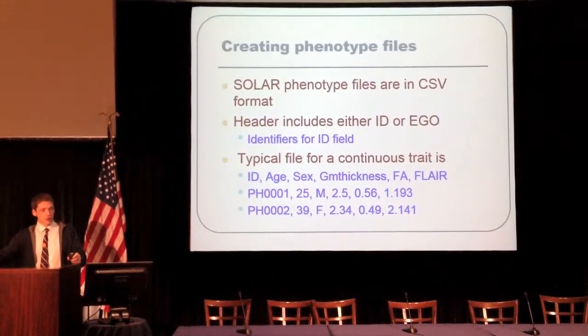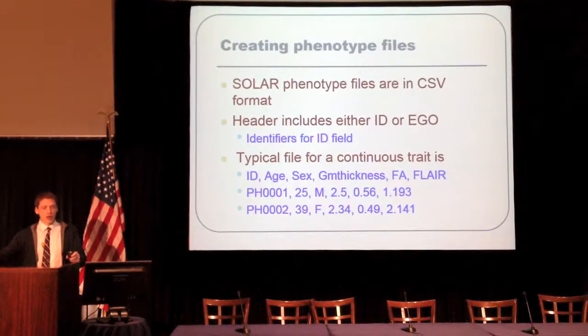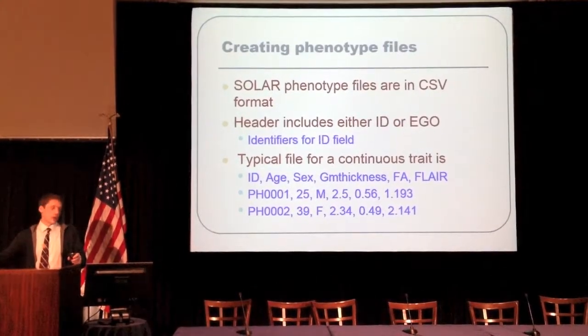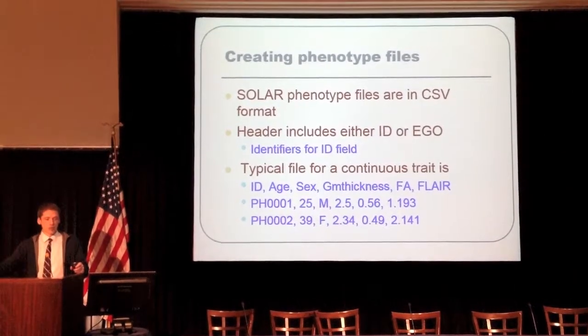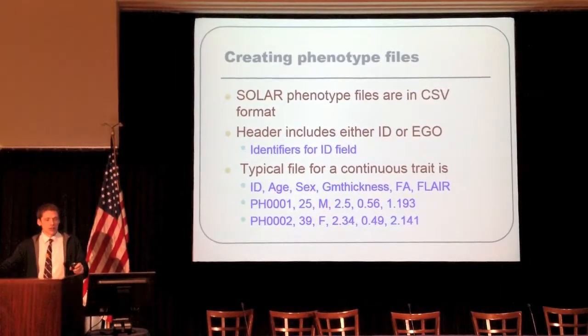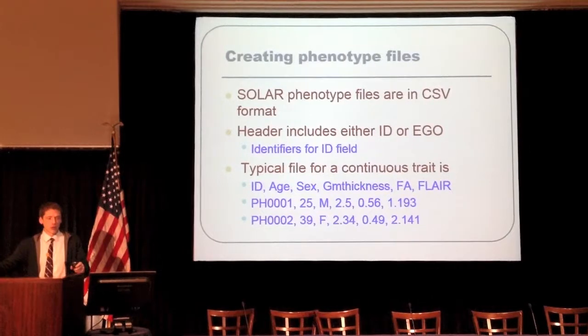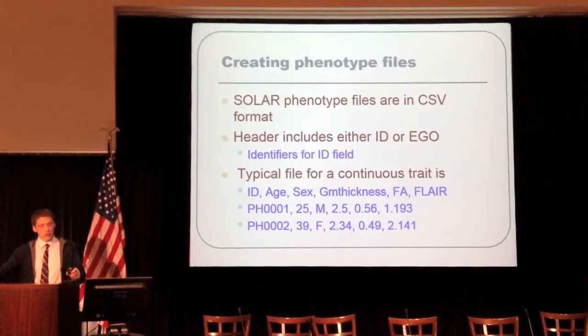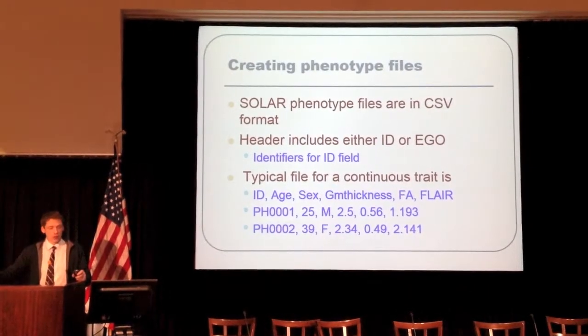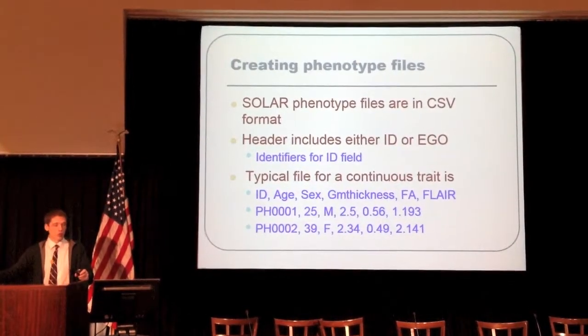Now let's go to creating phenotype files. Phenotype files, same as the covariate files and the marker files, are CSV files, and the format is exactly the same. Solar phenotype files are basically comma-separated format.